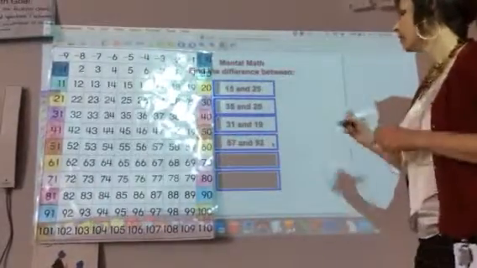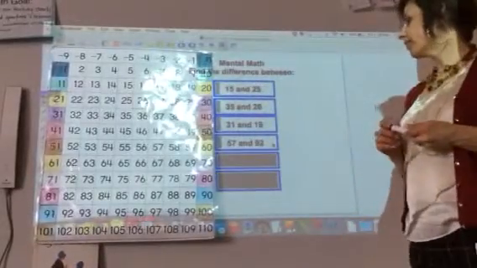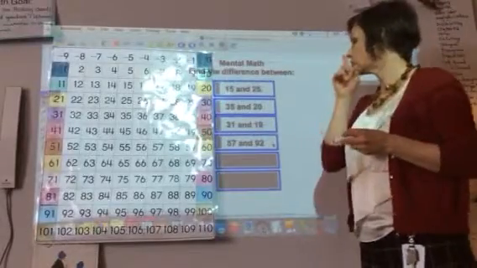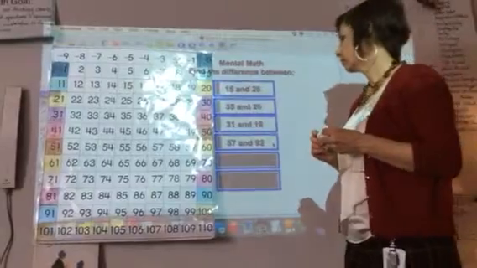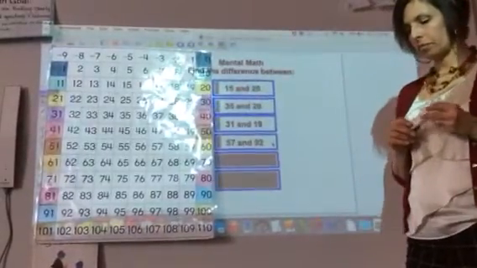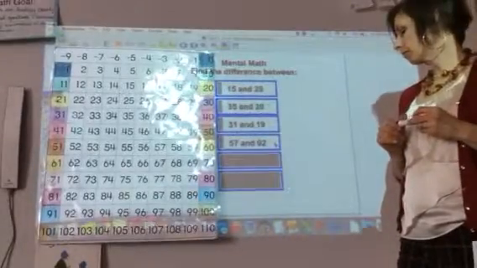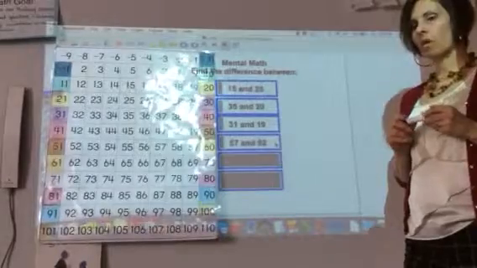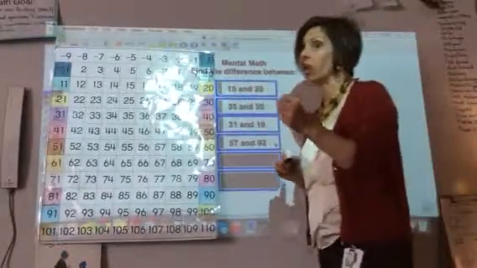Okay, next one, you ready? These are really quick. 57 and 92. They're getting a little harder. One, two, three. 149. Nice. How'd you do it? It was definitely harder this time.